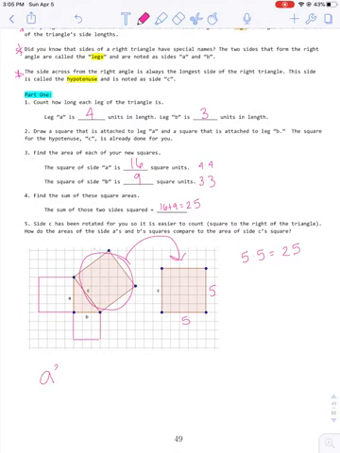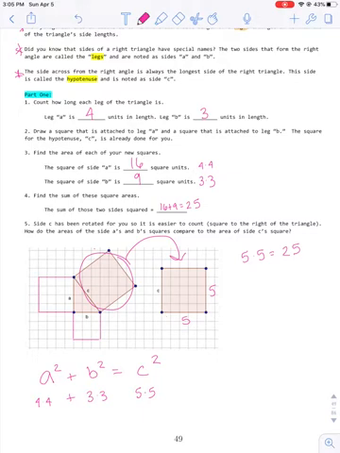When we found the area of square A, that was A squared, the 4 by 4 portion. And the area of square B was B squared, the 3 by 3 portion. Then we added them up to get 25, which was equal to the area of the C square, 5 by 5.